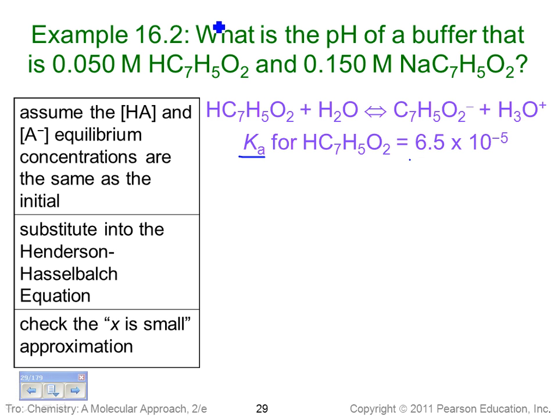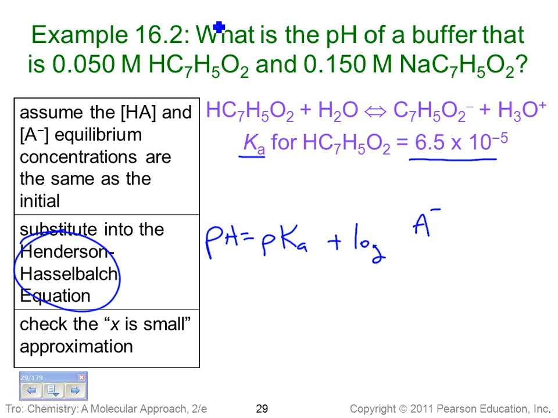If I know that the Ka is this much, let's use the Henderson-Hasselbalch on this. pH is pKa plus the log of the anion form over the acid form. I've got the Ka of 6.5 times 10 to the minus 5. The pKa is, take the negative log of that.